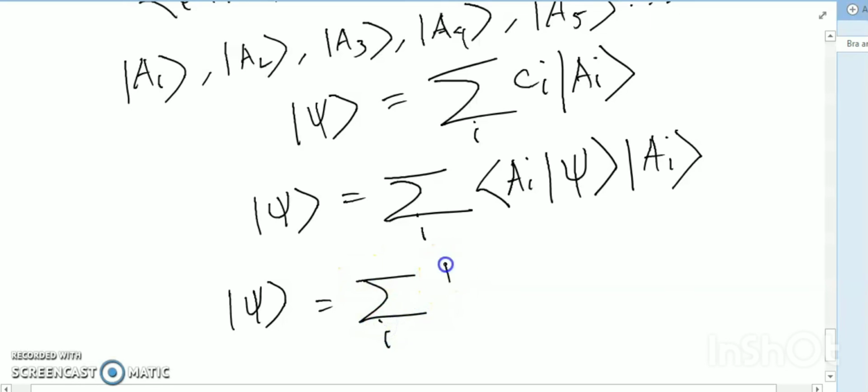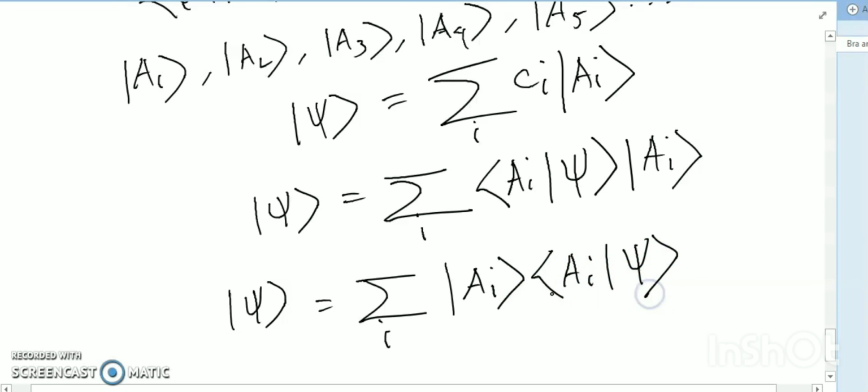So what do we get? We get a_i. Here is the power of bra-ket notation. We can break apart the inner product. So now we have this operator applied to the ket psi.